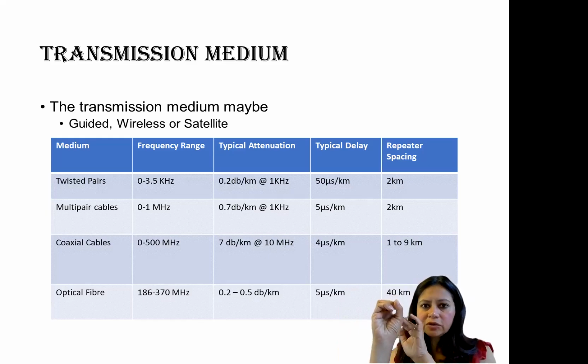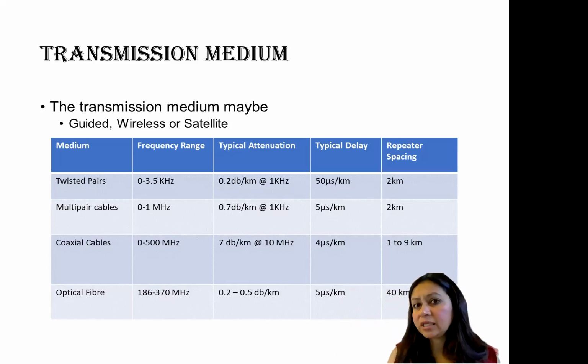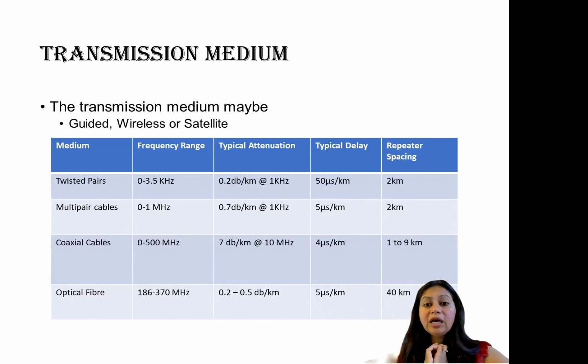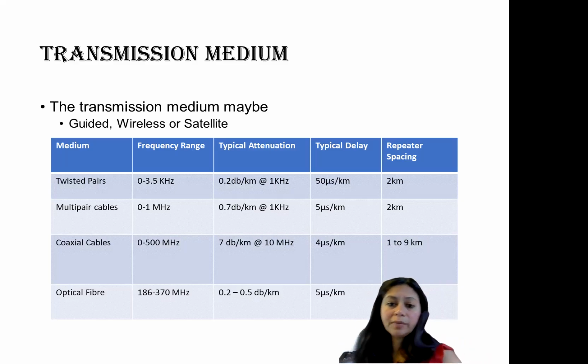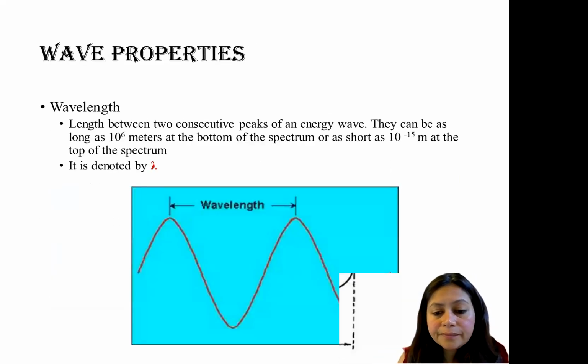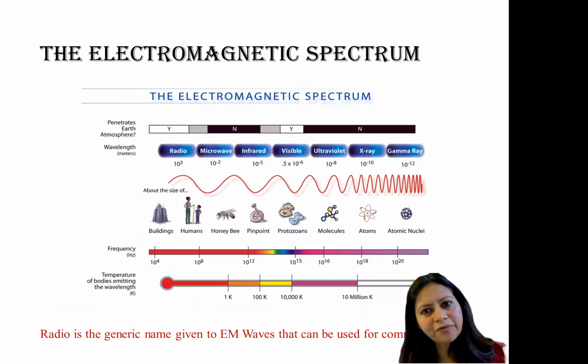So the gush of water that can go in through this hose to water my 10 plants is enough. But if I need to be watering 10,000 plants, I'll probably need a bigger pipe which can gush out water at a higher speed. That's exactly what's going on when we talk about the frequency range. So that's why we need to have some idea and information on the properties of the wave so that we can make these decisions intelligently.